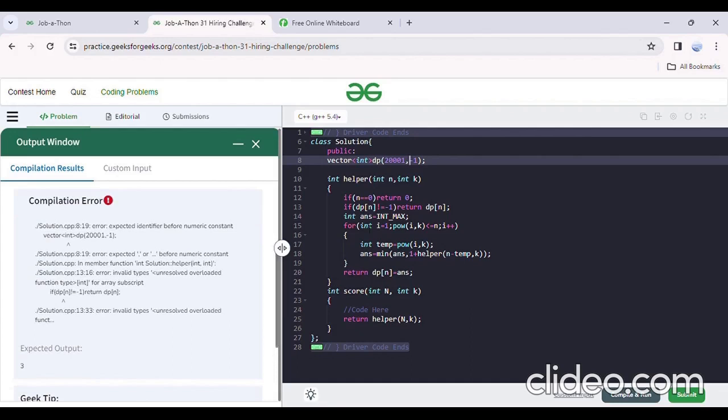If dp of n is not equal to minus 1, I am returning that. Here why did I get the error? Integer is correct here, vector int dp.